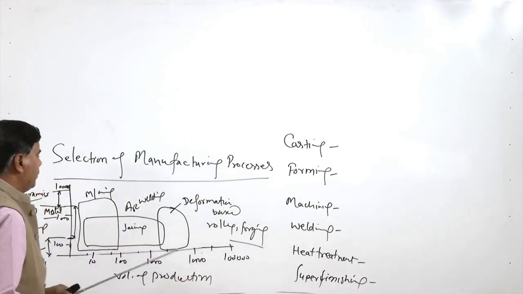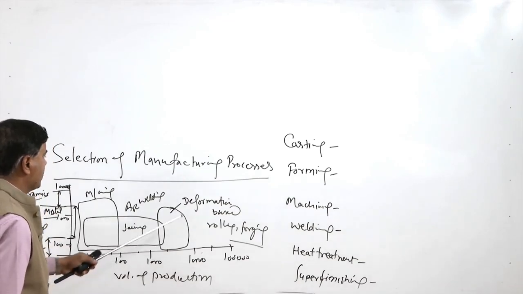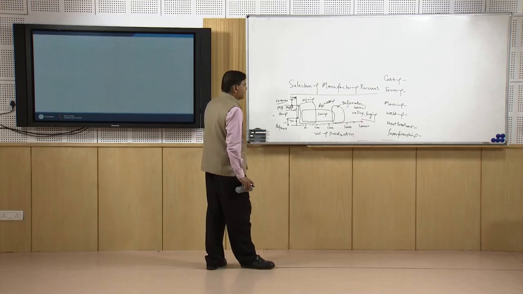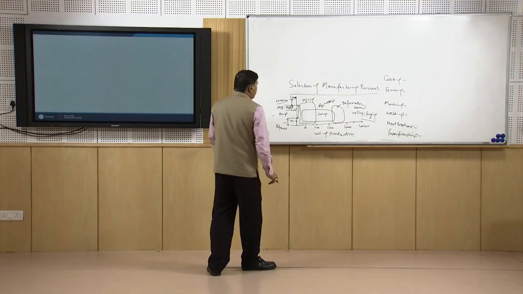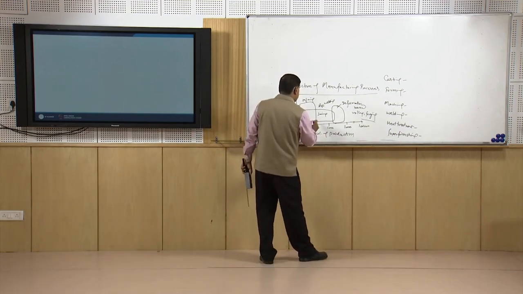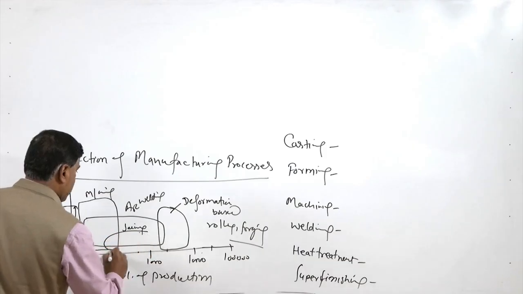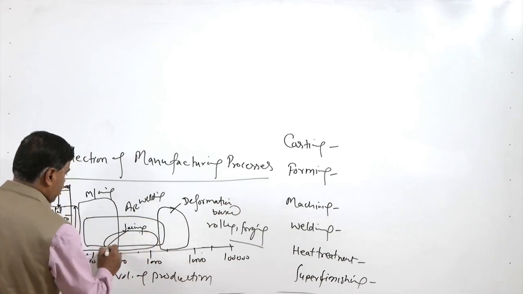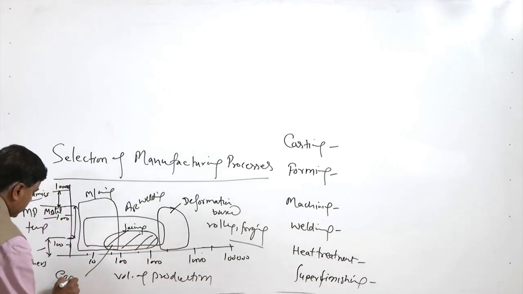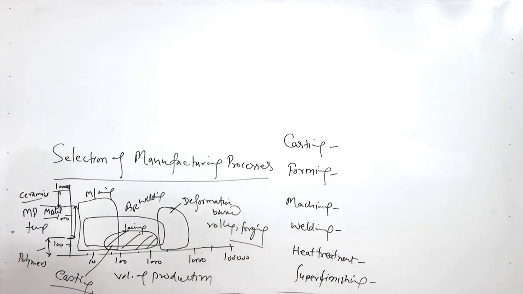So, the high volume processes are the deformation based processes. For the moderate range it is joining, and for the very low volume it is machining. Primary forming processes like casting are good for a narrow range of melting point, and this is the band for the primary forming or casting based processes.